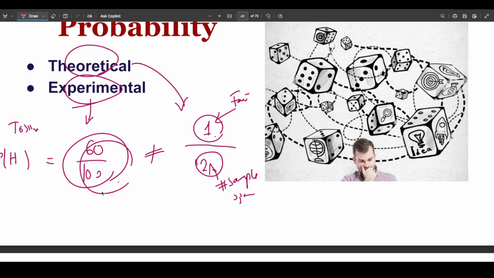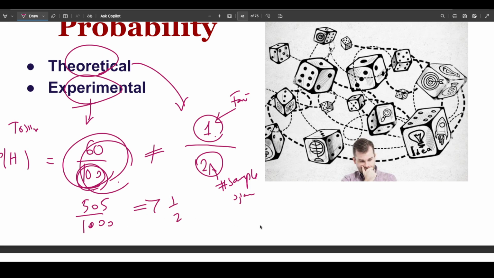The idea is that the more you do the experiment, instead of 100, if you do it 1000 times, this experimental probability is going to get closer to the theoretical one. So for example, here it is 60, but maybe in this case it's going to be 505, which is a little closer to 1 over 2.